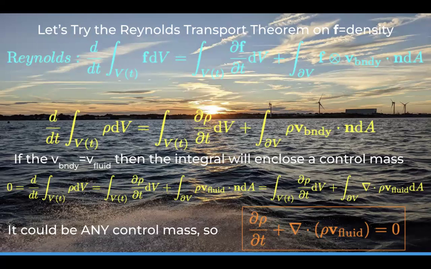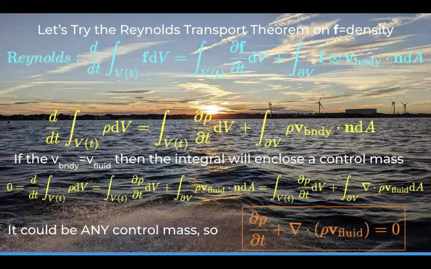So it has to be true not only in the integrated sense, but for every point in the fluid, that this plus this equals 0, which is this. So this is the way of writing the conservation of mass in a fluid without a whole lot of assumptions.